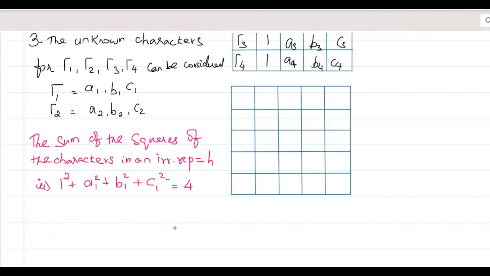You will get the result 4 only if you consider A1 equal to 1, B1 equal to 1, and C1 equal to 1.